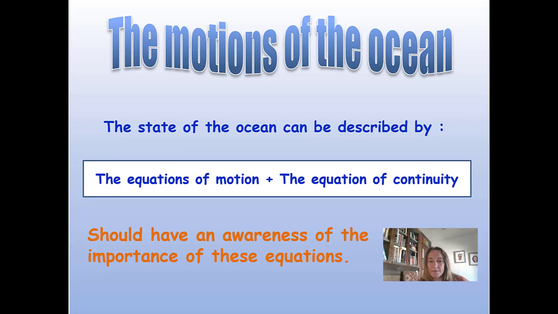The dynamics of the ocean is essentially described by the equations of motion and the equations of continuity. If you're taking a physical oceanography class, you're going to hear a lot more about these equations and what goes into them. But even if you're not, it's good for you to at least have an awareness of the importance of these equations.